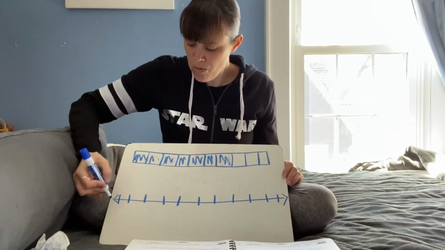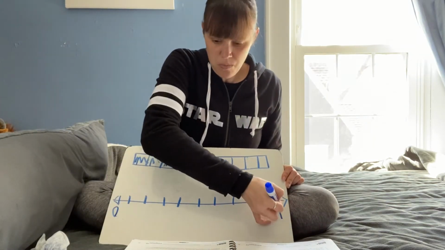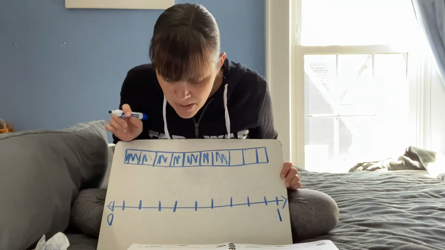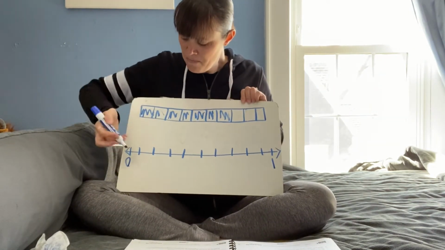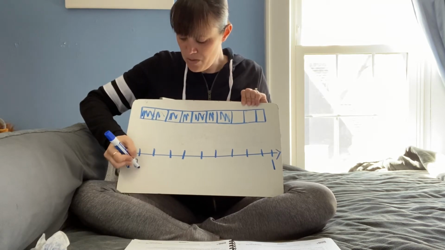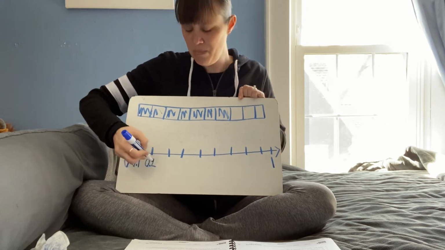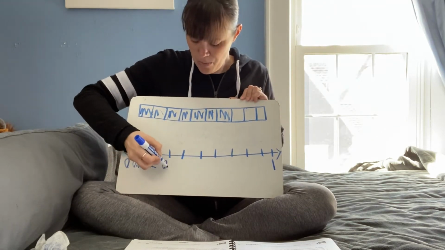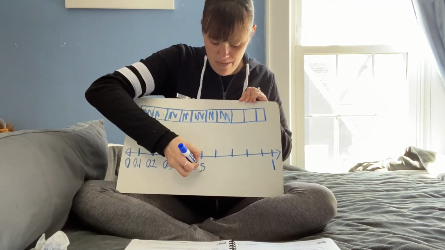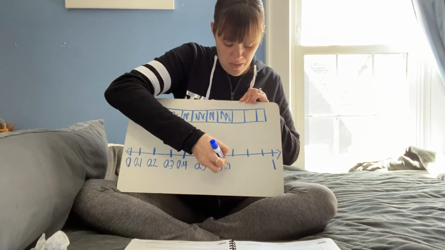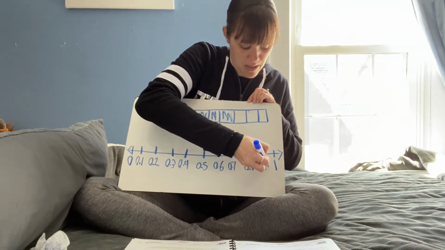Okay, so on the bottom we have 0 and 1, and they want the decimal first. So our decimal, that would be 0.1. That means 1/10. This is 0.2. It means 2/10. 0.3, 0.4, 0.5, 0.6, 0.7, 0.8, 0.9.